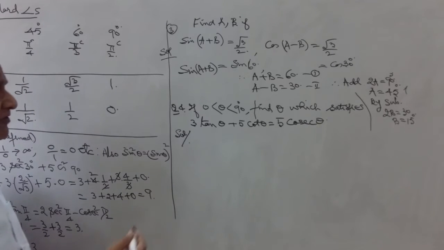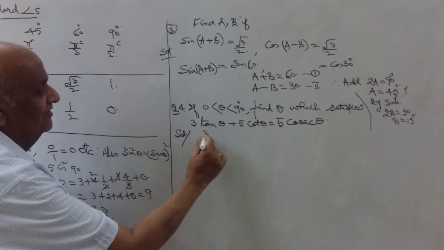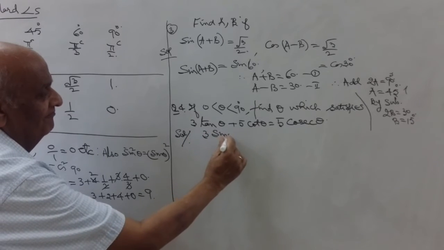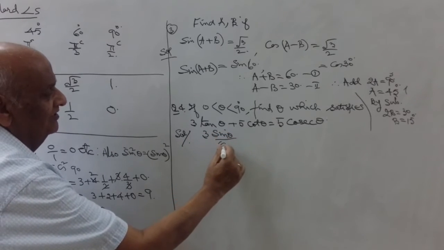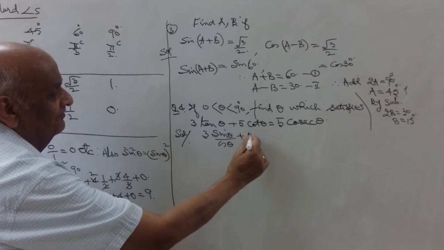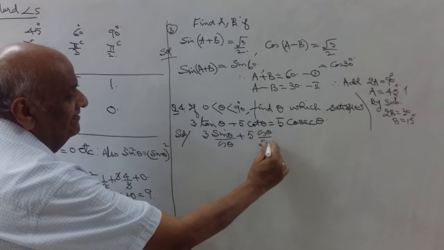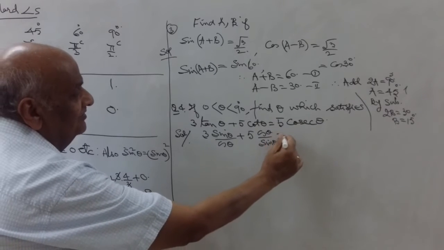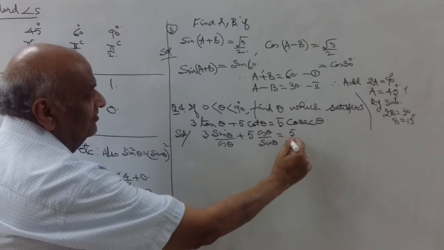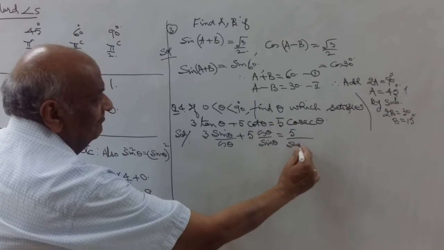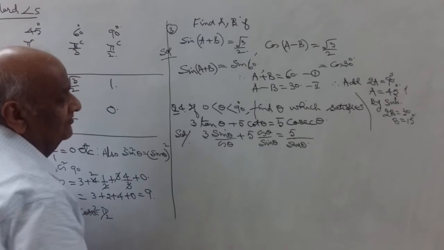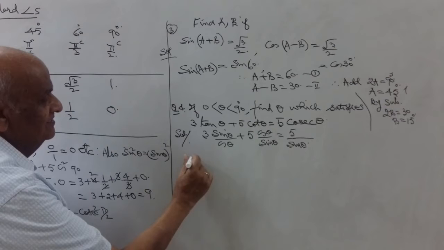Now, what to do? It is 3 sin theta upon cos theta plus 5 cos theta upon sin theta is equal to 5 upon sin theta. Change into sin and cos. Now take the LCM.